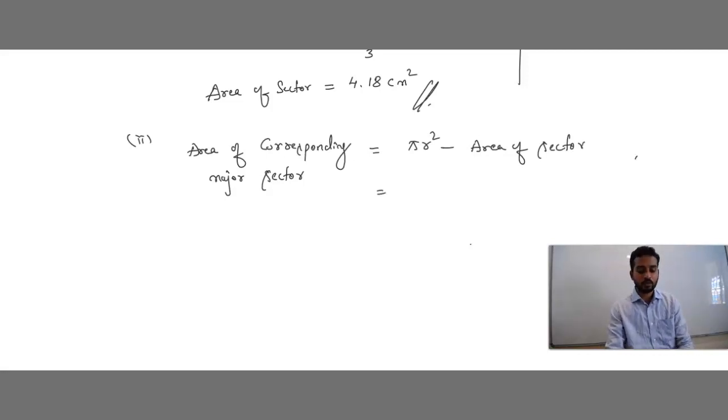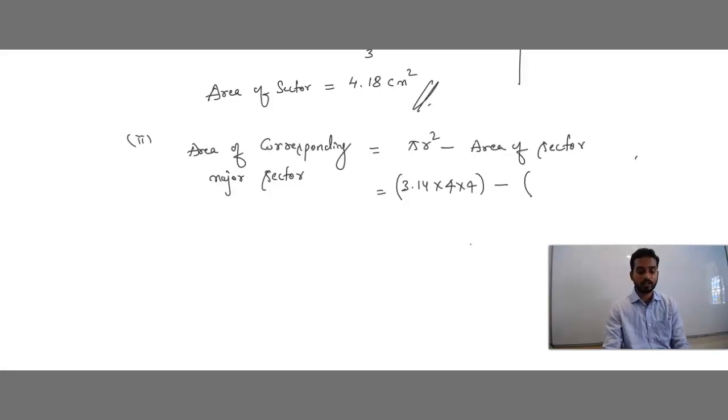Of sector, that is pi r square. So what do you mean by pi r square? Pi is 3.14. Sorry, the radius is 4, right? Yes, 4 into 4 minus area of sector. So what is the area of sector?